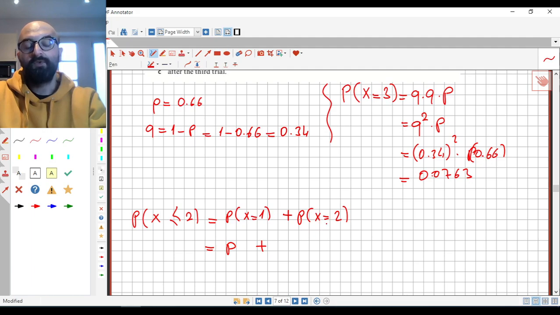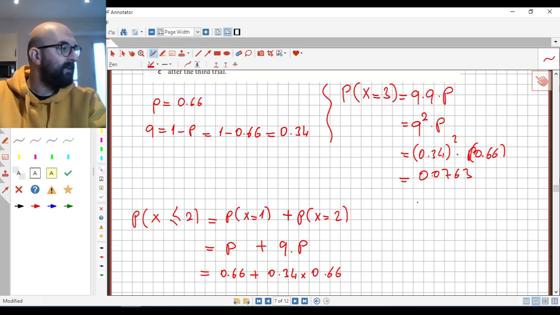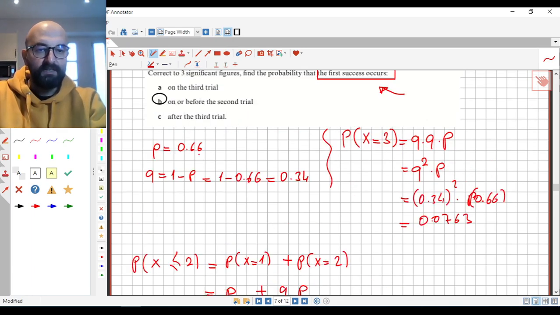If we want success in the second trial, the first trial has to be a failure and the second trial has to be a success. So we can say 0.66 plus 0.34 multiplied by 0.66, and the result is 0.884.